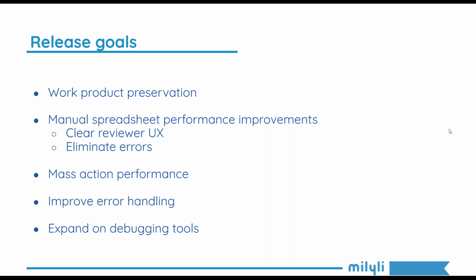We'll take a look at what that looks like today. We've put some of the mass action work over on the agent server as well. By doing all of this work, we're able to overhaul the error handling and the debugging tools that we give you to investigate and improve these things. We're going to take a look at all of this today.